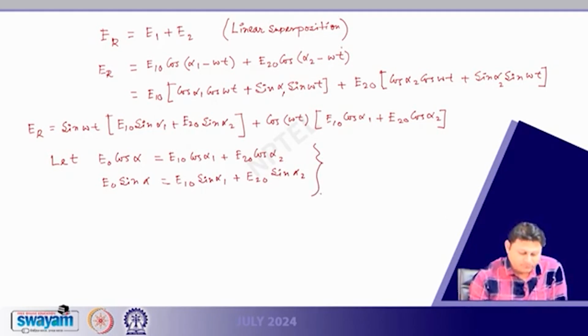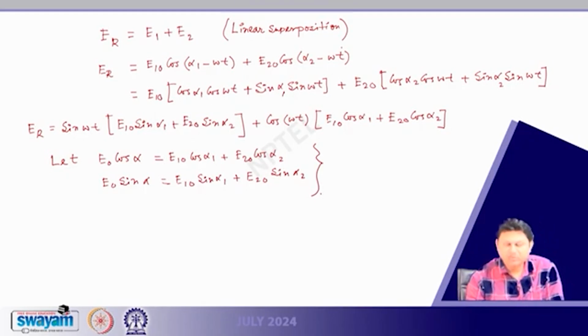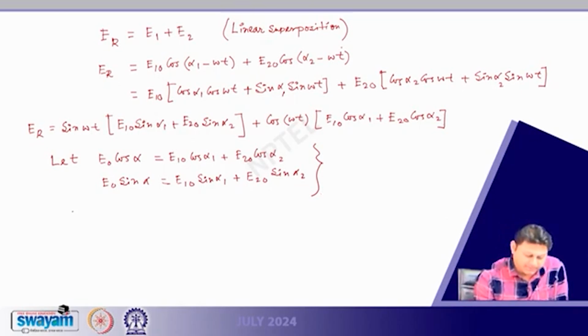And then if I want to find out what is the magnitude we have for E0, and alpha in terms of this, that we can also find. By the way, this is the time independent part that I am taking aside, and I can find out E0 square. So I make a square and add, and then I get E0, because cos square alpha plus sin square alpha should be 1.